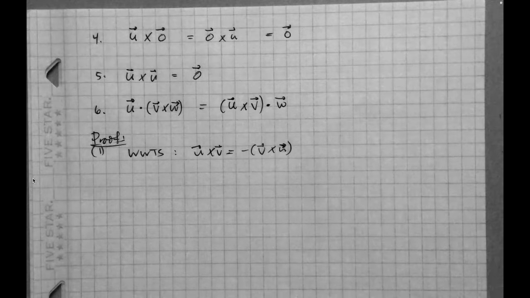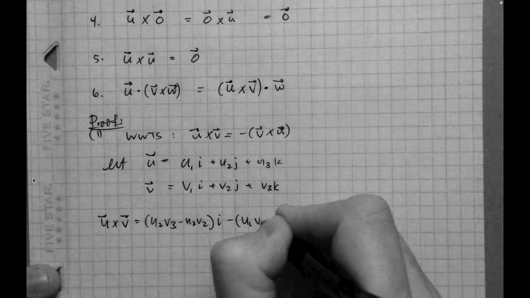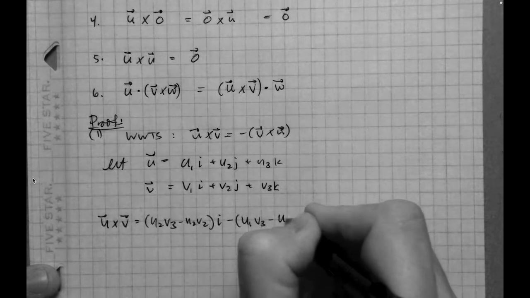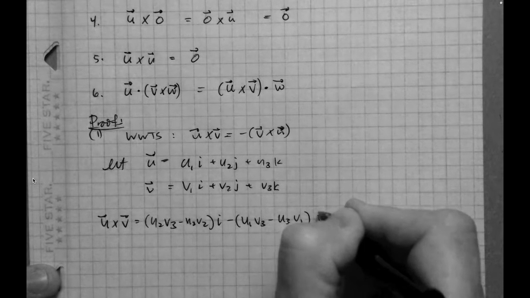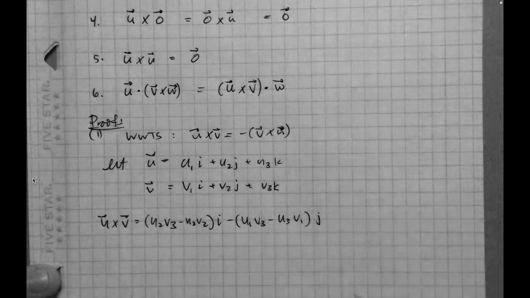Then u cross v, just pulling this straight off of the definition, is u2 v3 minus u3 v2 i minus u1 v3 minus u3 v1 j plus u1 v2 minus u2 v1 k. Okay, so you got the 3.